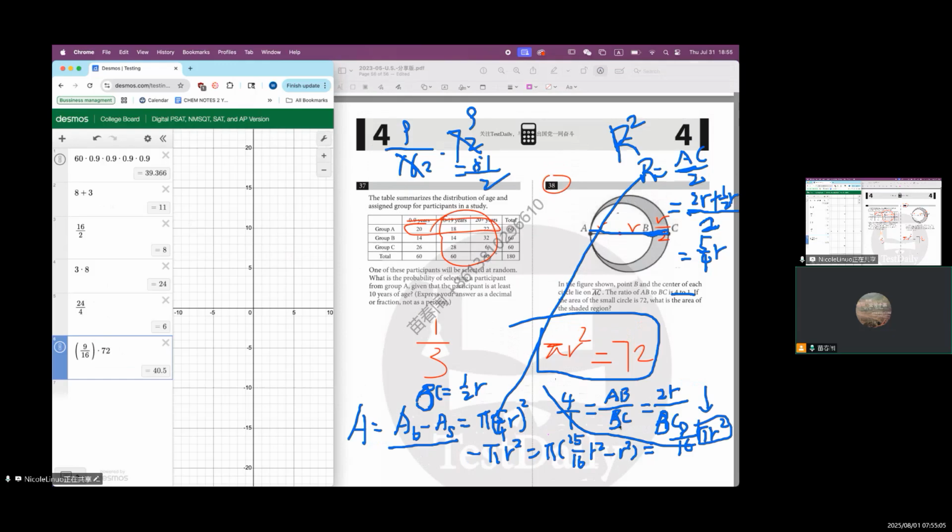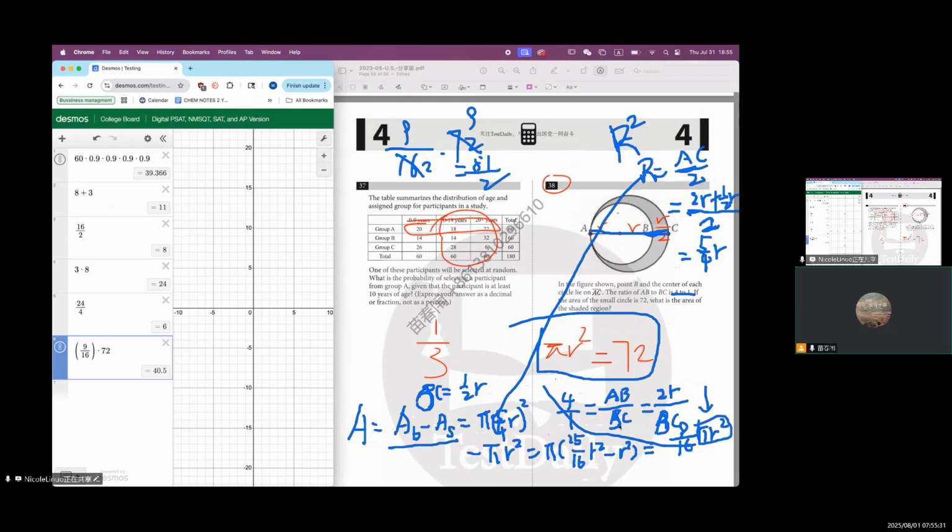So if this one is just subtraction, you need the big one, because you already know the small one. All you need is the big area, and the big area depends on the radius of the big one, right? Yes. So everything leads to you finding the big radius, right?